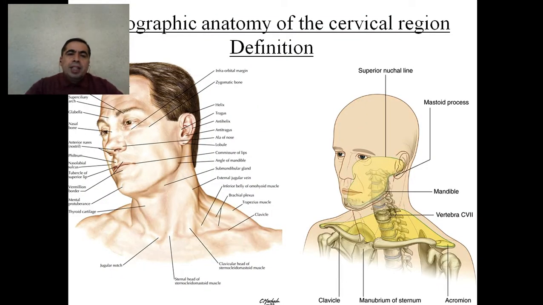And again, the topographic anatomy of the cervical region, the definition of this region. You are looking at the main muscles of this region. You are looking at the jugular notch, and the two heads of the sternocleidomastoid muscle, the sternal head or the medial head, and the clavicular head or the lateral head, and between them the fossa supraclavicularis minor, this one.